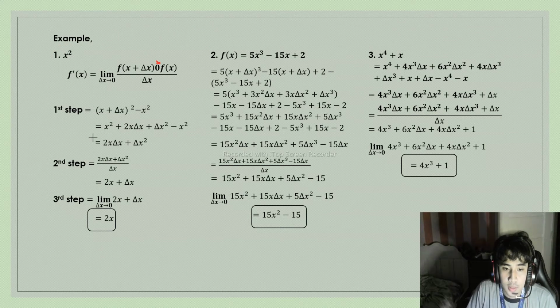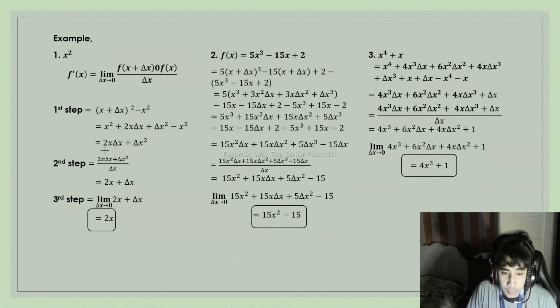So, unang step natin ay i-simplify muna. Squaring of binomial is x squared plus 2x delta x plus delta x squared minus x squared. I-minus natin yung dalawang x squared.